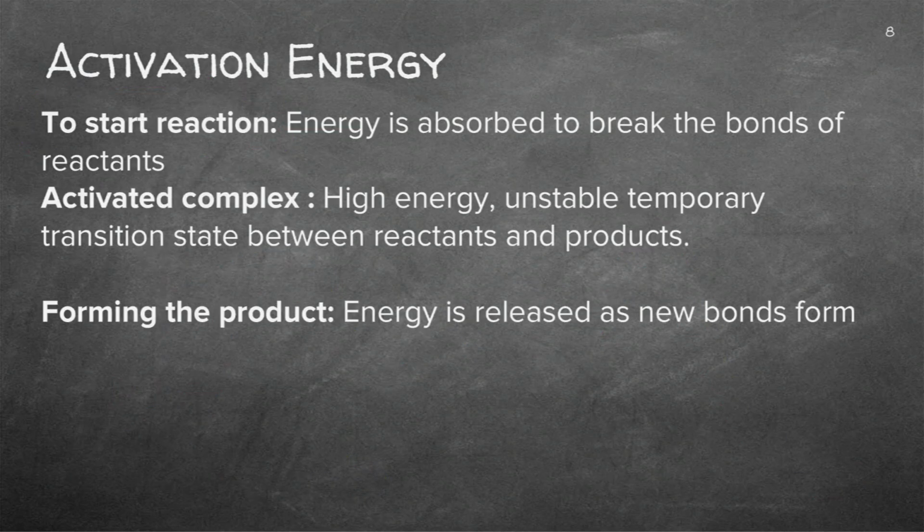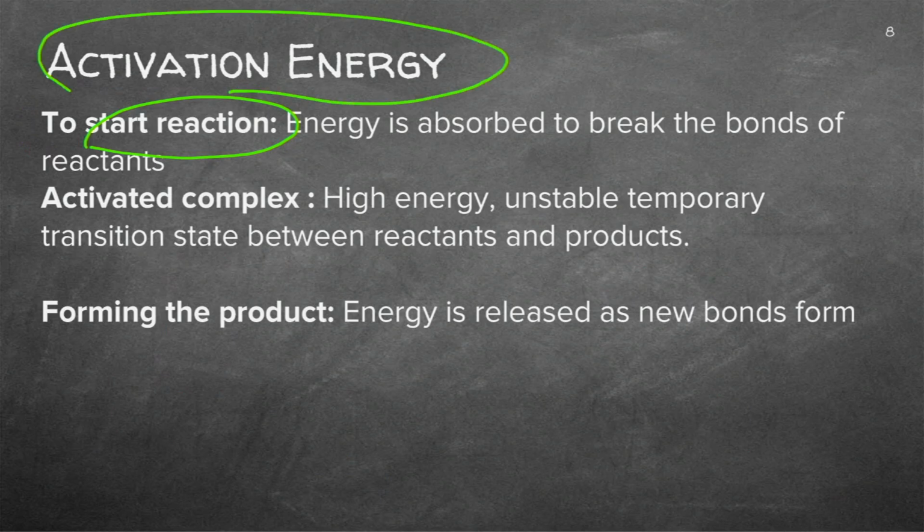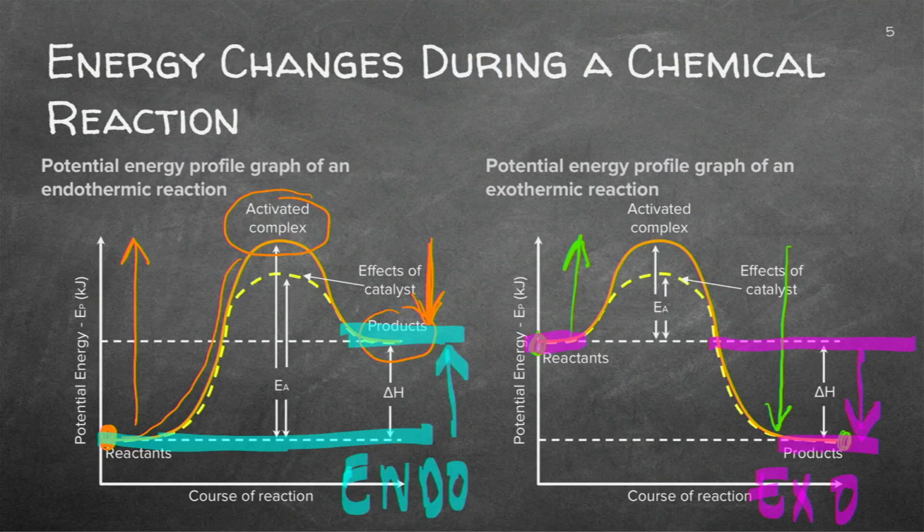What is the activation energy? To start any reaction, you need activation energy. So it's the energy that's absorbed to break the existing bonds of the reactants. Let's go back to our graph. The reactants are here. We need to put in energy breaking these bonds in the reactants to get to the activated complex.